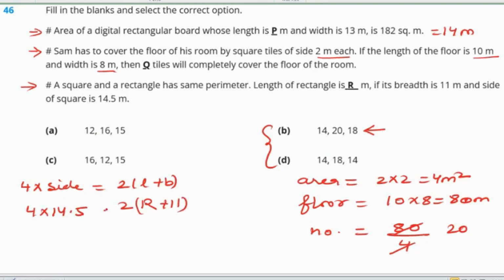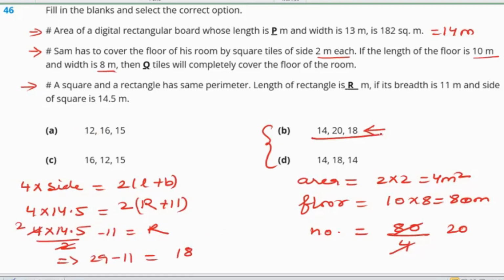So how can we solve that? 4 times 14.5 by 2, minus 11, will be the value of r. Cancelling the 2, we get 29. Now 29 minus 11 is 18. So the answer is 18, which is written there. So that's why option B is our correct answer.